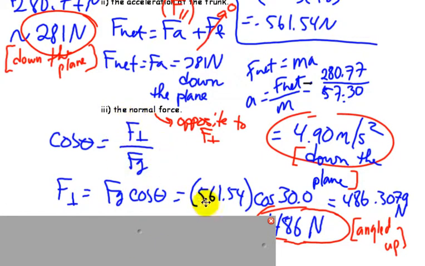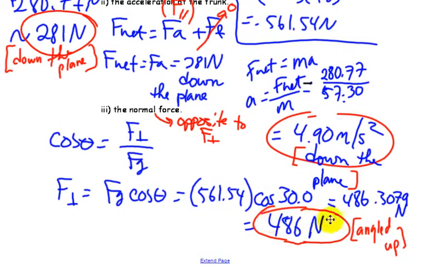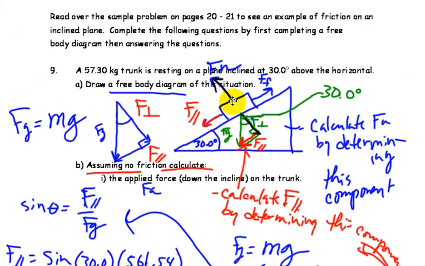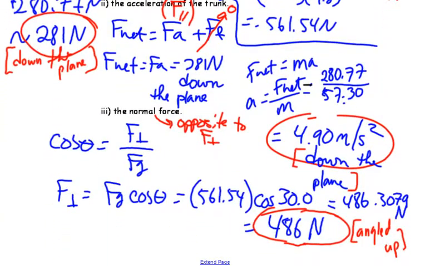So my Fg is still the same as it was previously, 561.54 times the cos of 30, 486.3079 newtons, rounded off to 3 sig figs, 486. Now the direction here, I just simply called it angled up. So angled in this upward direction. Okay? So there you have it.